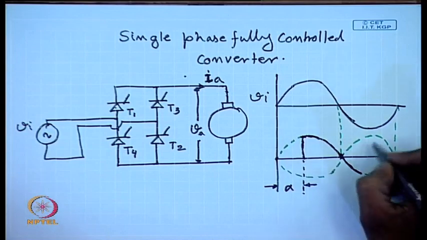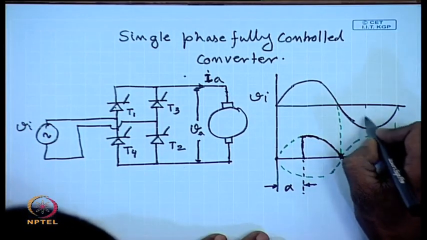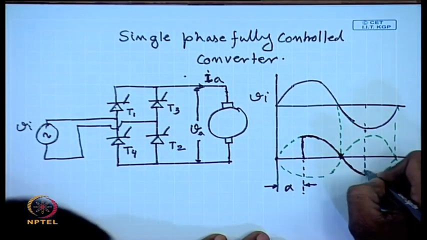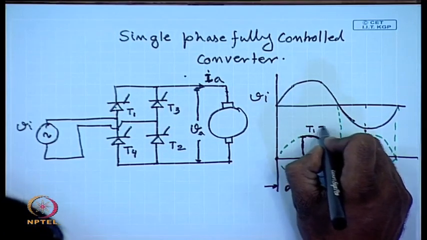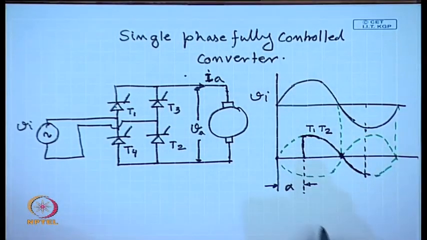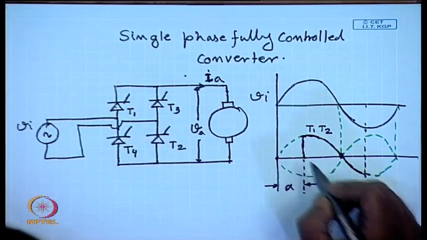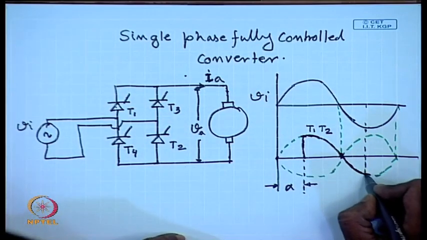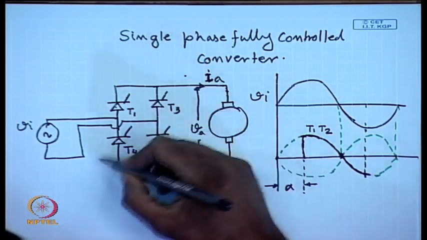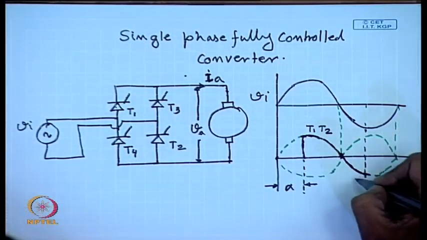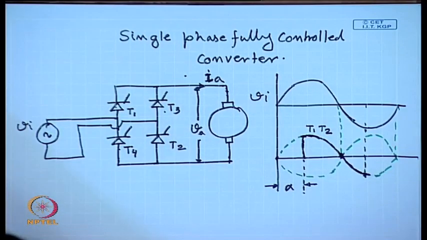And if the current does not become 0 before the next set of thyristors, that is T3, T4, are fired, that is, gate pulses applied to them, it will continue up to the point where T3 and T4 are gated. When T3 and T4 are gated, what will happen?